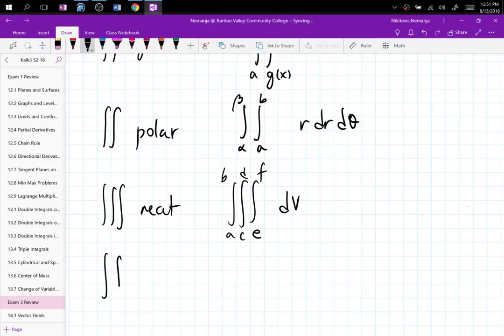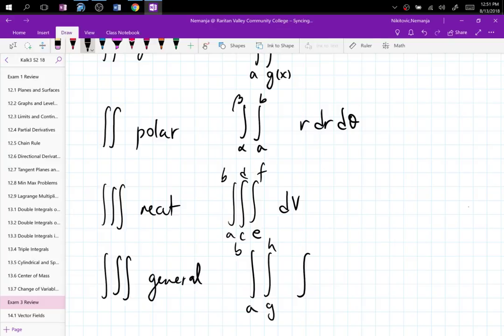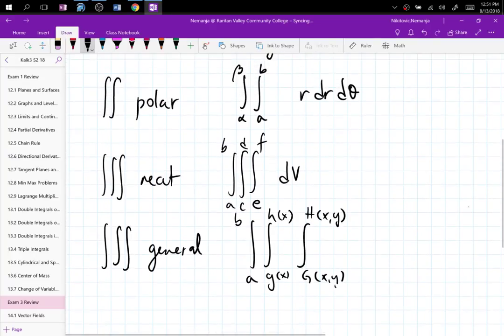Then you have triple general, which is A, B, G, H, let's say of X, and then capital G of X, Y, and capital H of X, Y. That's general.